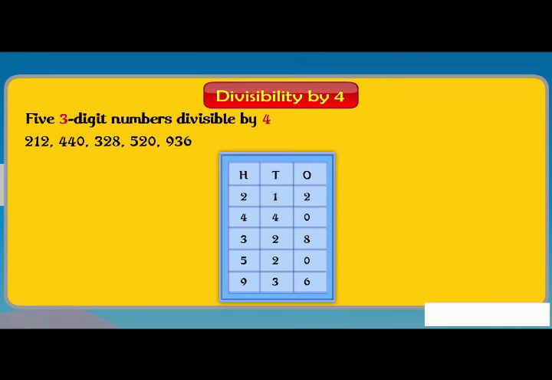It is 12, which is divisible by 4. For 440, it is 40, again divisible by 4. In 328, it is 28, divisible by 4. In 520, it is 20 again, divisible by 4. And in 936, it is 36, also divisible by 4.